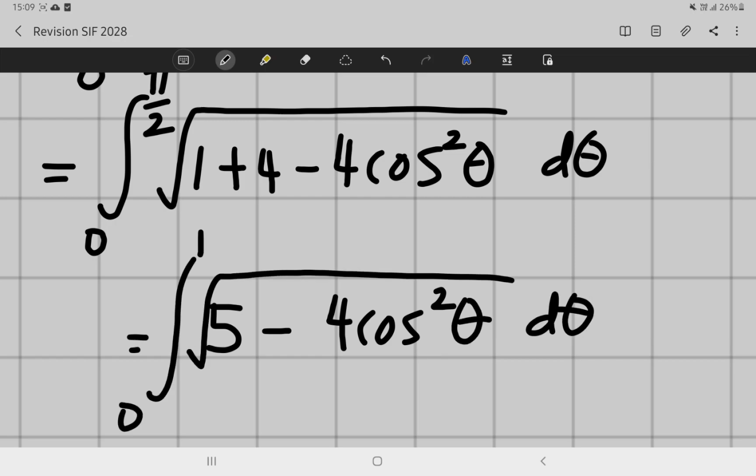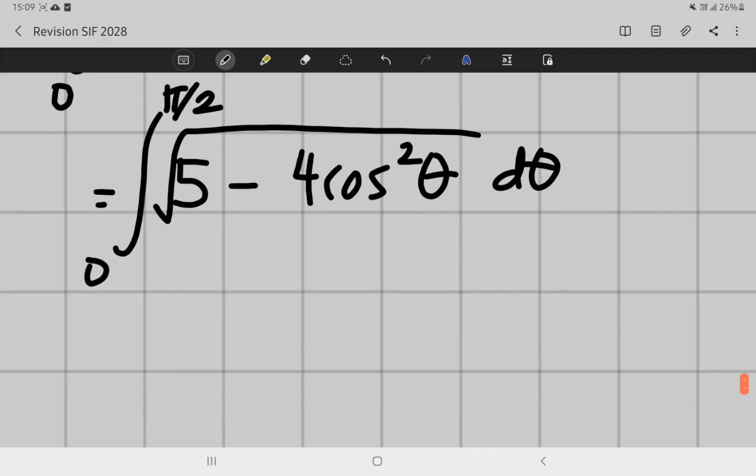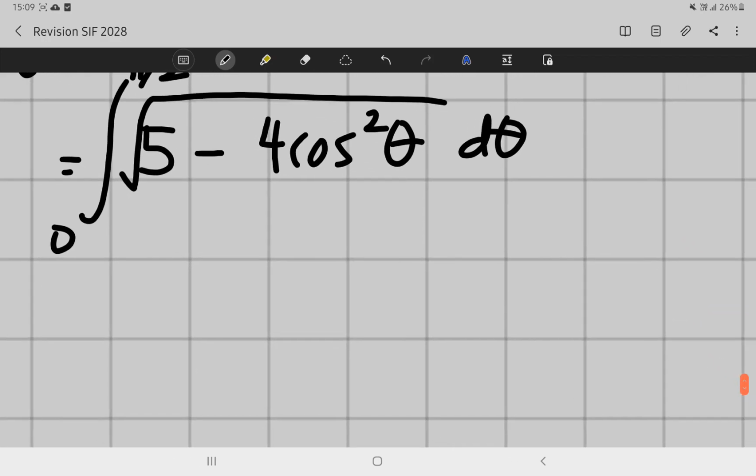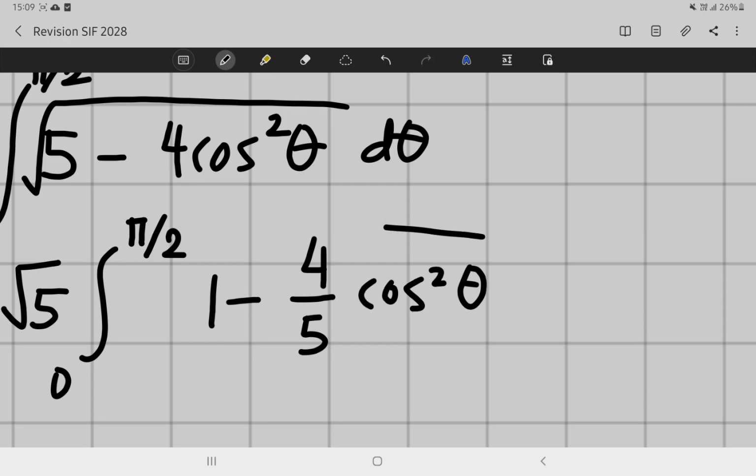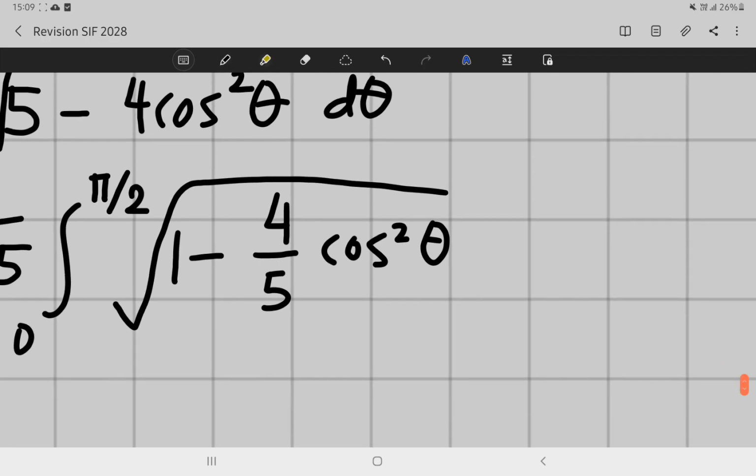We can factor out the 5 and bring it outside, so square root 5 times the integration from 0 to pi over 2, left with 1 minus 4 over 5 cosine square theta. So this is our k square.